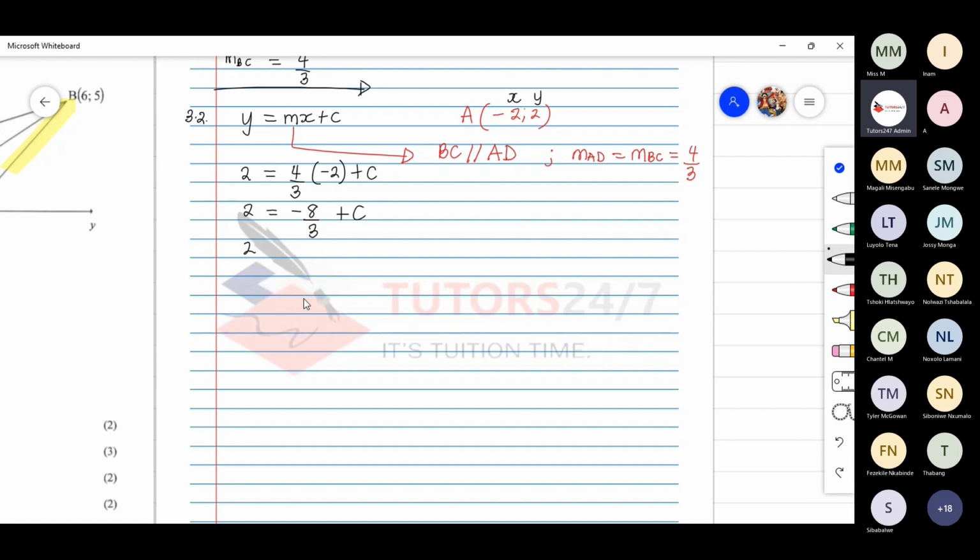So -8/3 on the right will then become +8/3 on the left, and that is equal to C.